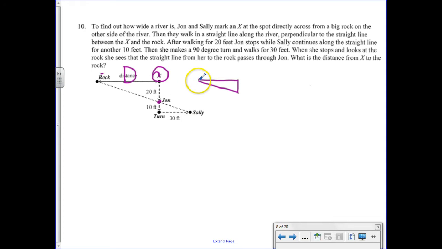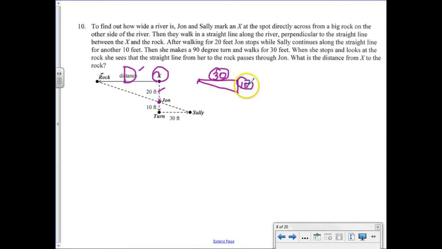So I'm going to turn this and spin this around so that I get my 10 here, and then my 30 is here, because those are like the two legs of my right triangle, and I don't know what the hypotenuse is. But that doesn't matter, because this 10 and this 30 now correspond to the 20 and the D. So you can set up a proportion, okay?